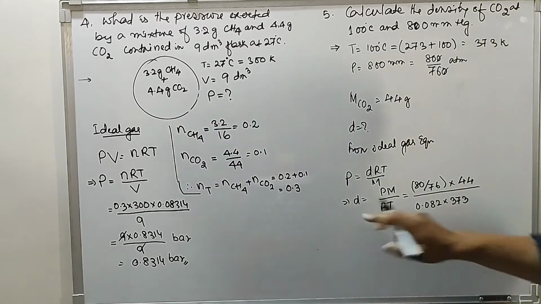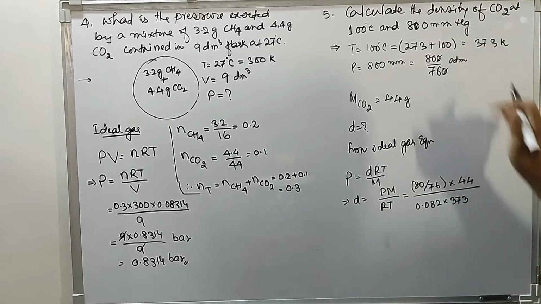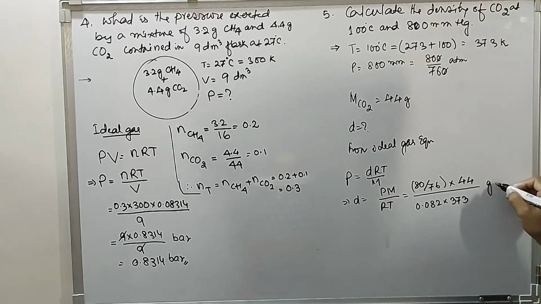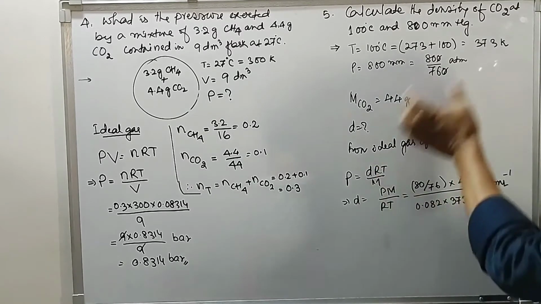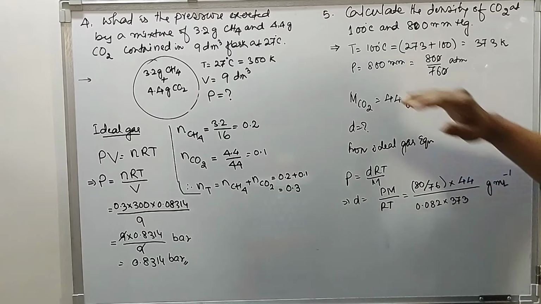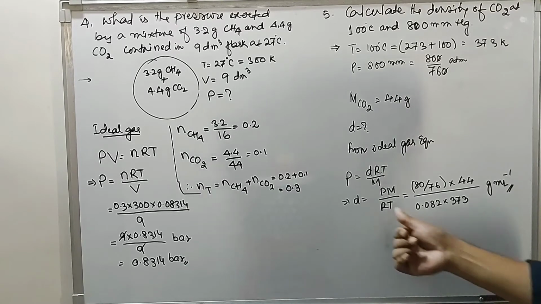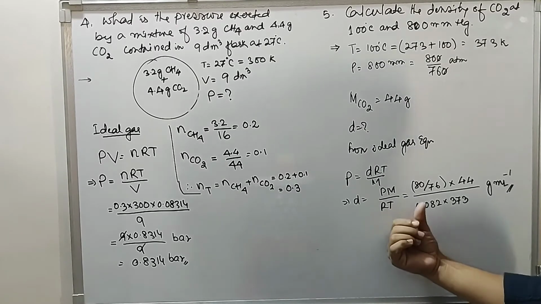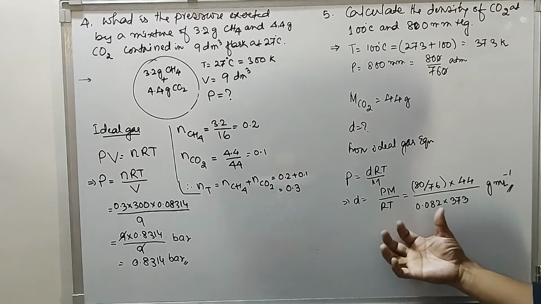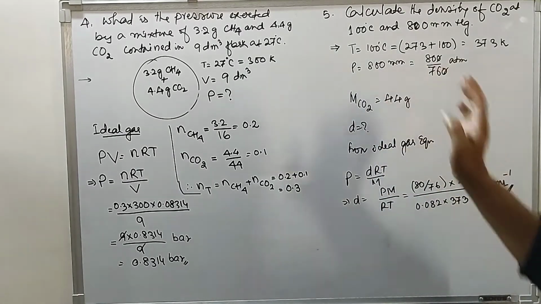So this being density, mass is measured in grams, so this must be in terms of gram per ml. So this is how we define the density of the gas, provided pressure and temperature are given to you and the gas is specifically specified. So we have to be very specific about the use of this R. At what time which value of R to use, that is what you have to see. Okay, so this is the fifth question.